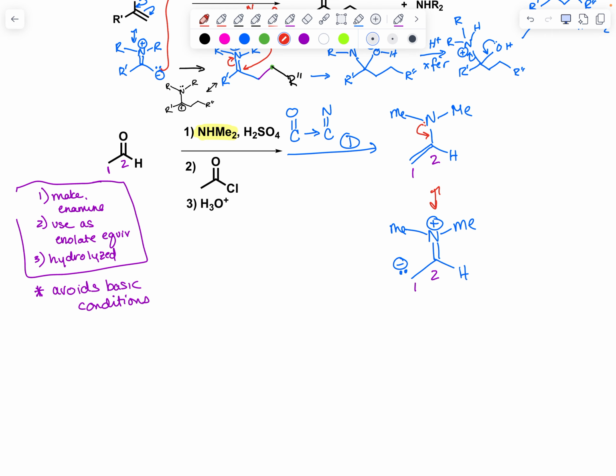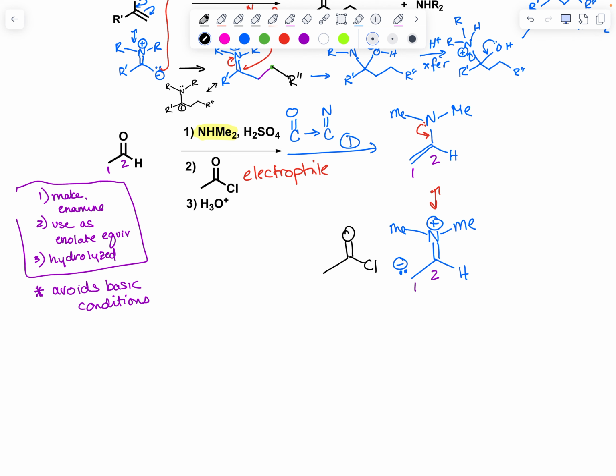Okay, these are just resonance forms of each other. Now we can have that nucleophile that we just made add to the beta position, pushes the electrons to the alpha carbon, just like all the Michael additions we did before.